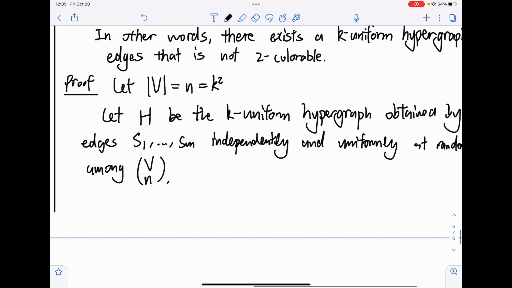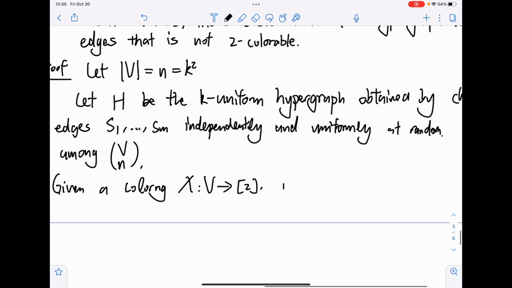And given the coloring, usually denoted by a function, let's say chi, it maps from the set of vertices to 1 and 2, since there are 2 colors.